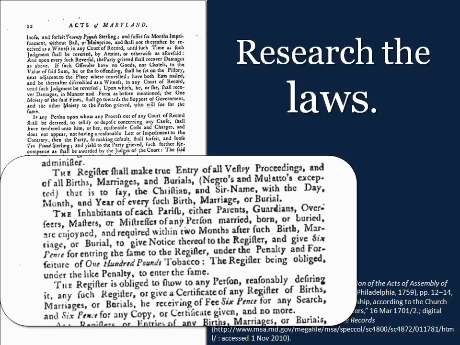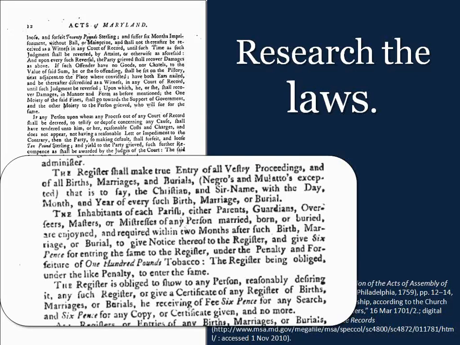So if you know that your ancestor was not Protestant Episcopal, you might skip over looking in those registers unless you knew that the law stated that they had to record all births, marriages, and burials.